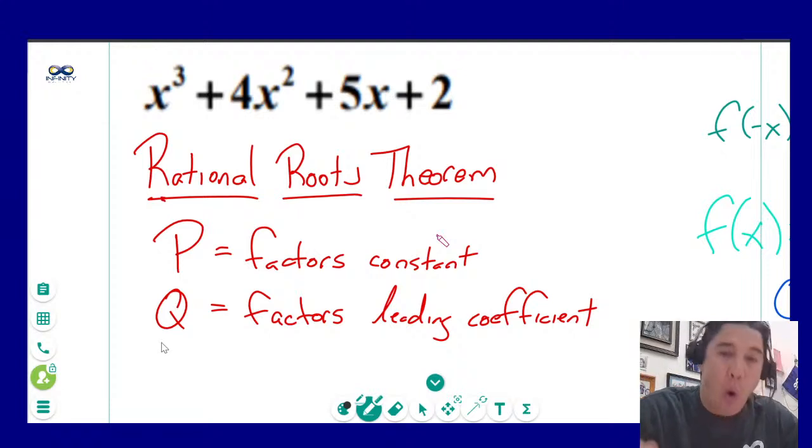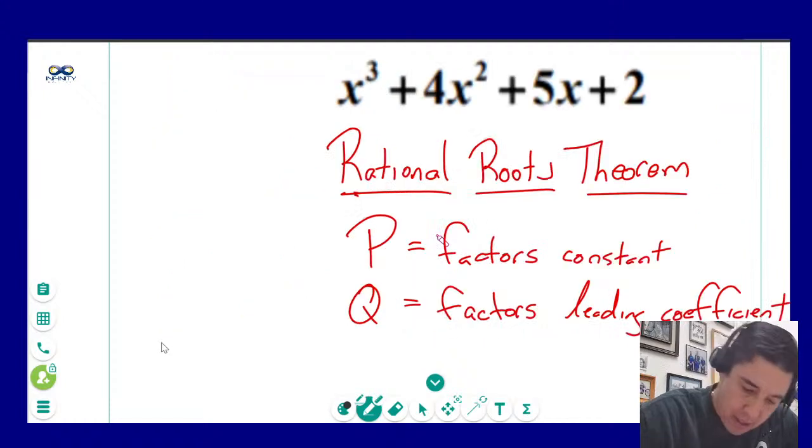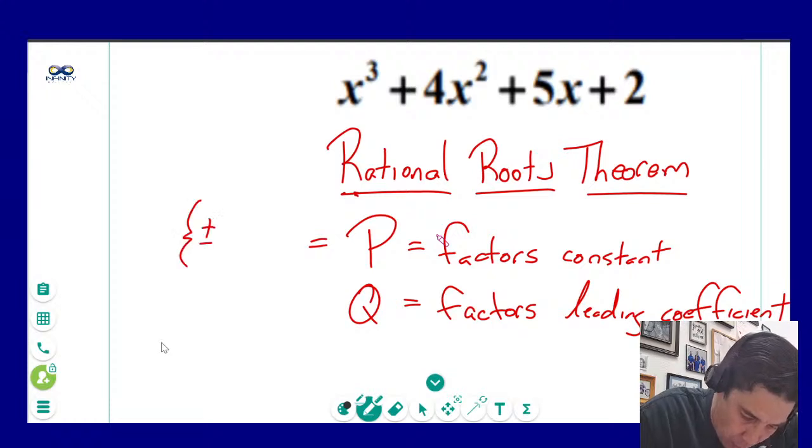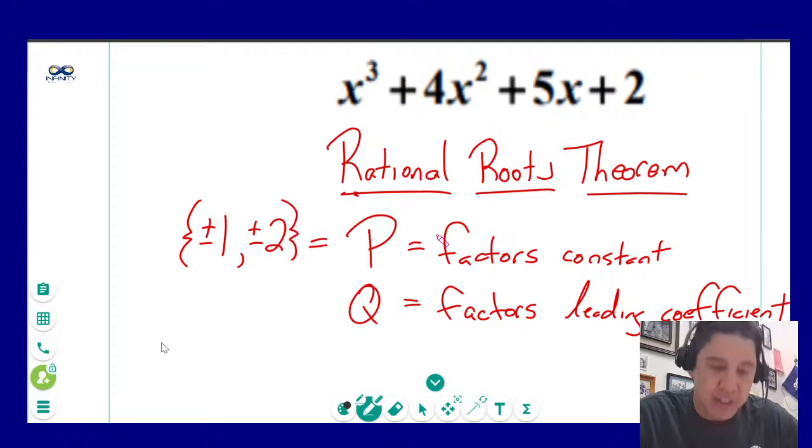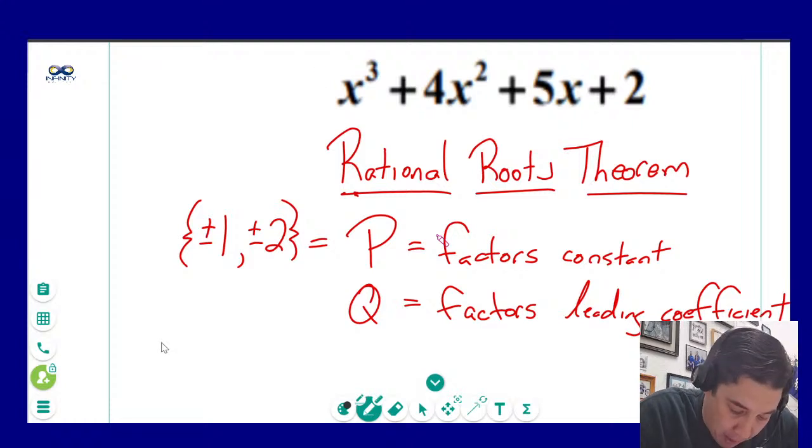So, all the factors of P, or the constant, would be positive negative 1 and positive negative 2. All of the factors of Q, or all of the factors of the leading coefficient, rather, are simply positive negative 1.